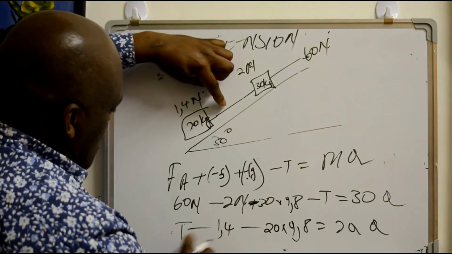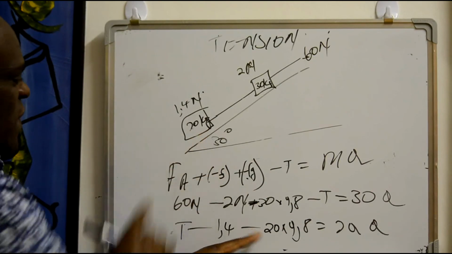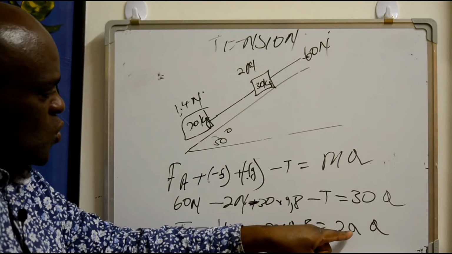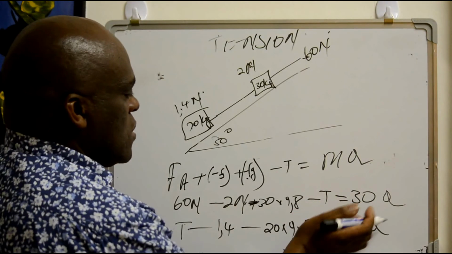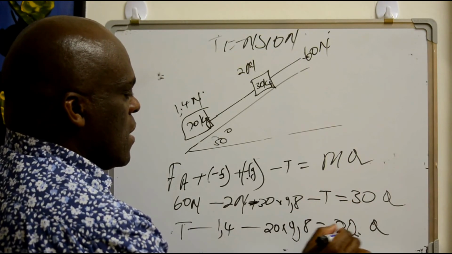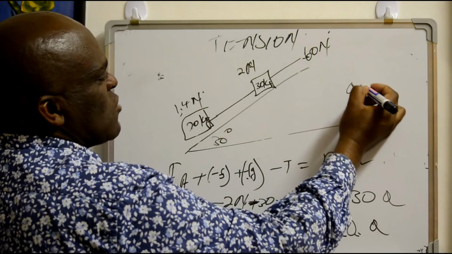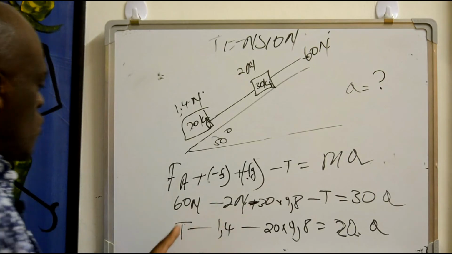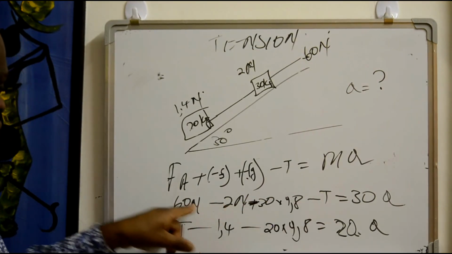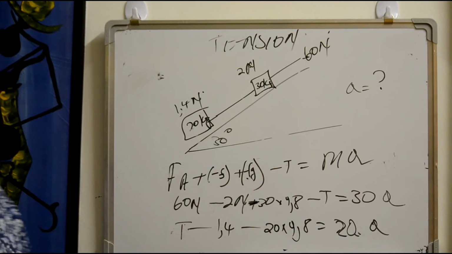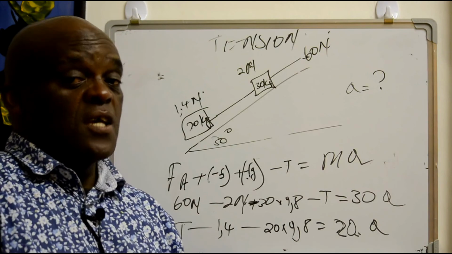Then it is the tension minus the friction, which is 1,4, minus the force of gravity, equal to 20a. To get the acceleration, you cancel the tension and solve the equations simultaneously. I think your teachers have told you how to do this.